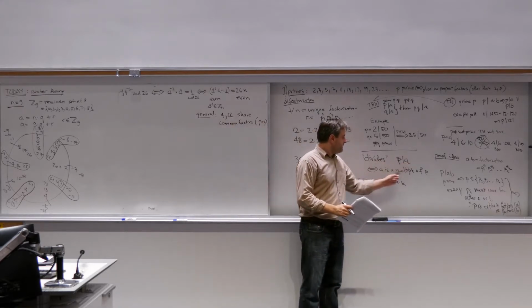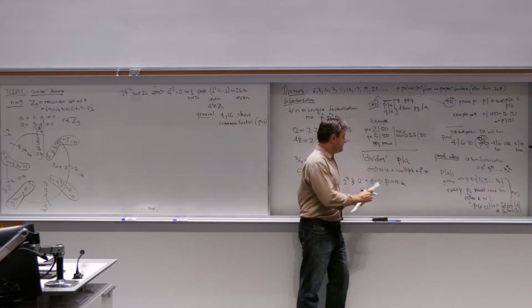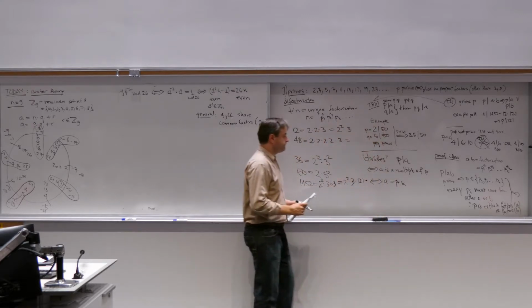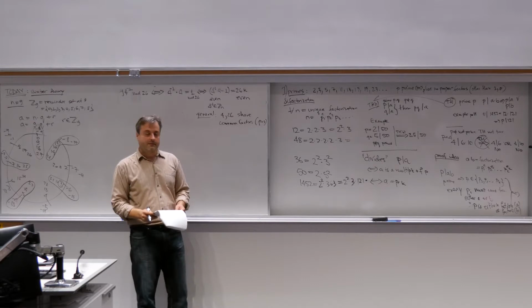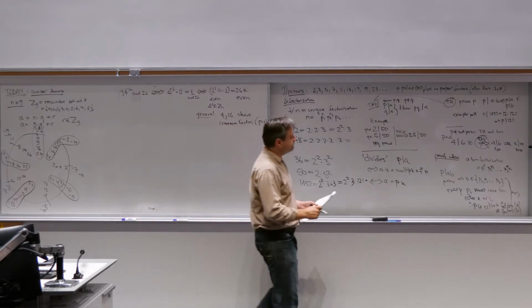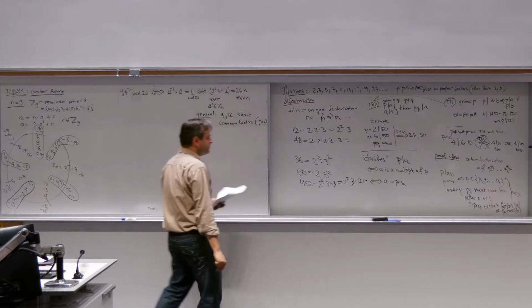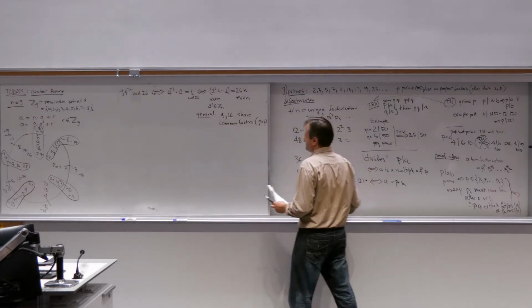P divides A, A is a multiple of P, and A is P times K. Okay. So we introduced the primes and the factorization into primes.